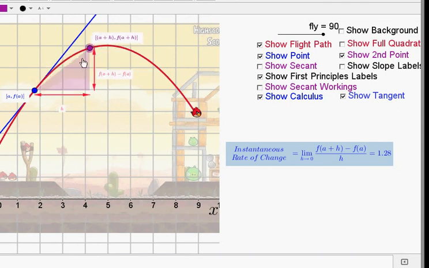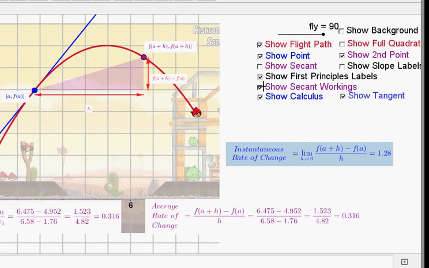It gets smaller and smaller and smaller, and then eventually it matches the tangent. Now what I'm going to show you is what's called the secant. What I get from this slope from blue to the actual speed of the Angry Bird right now is 1.28 meters per second, because the y-axis is meters and the x-axis is time.